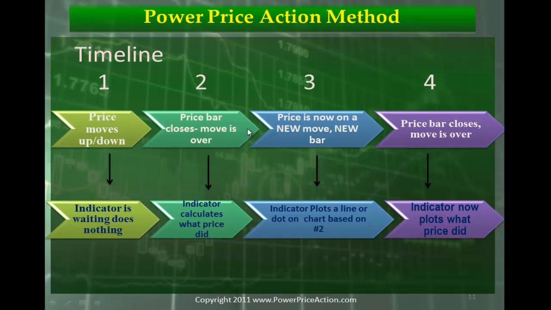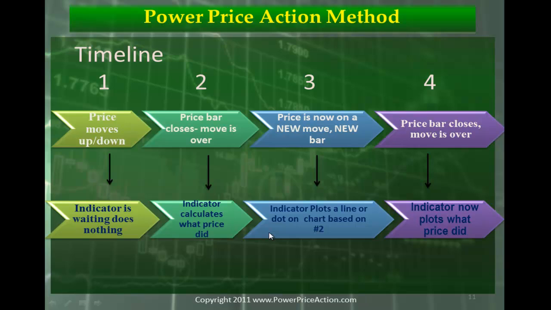And now number three here, price is now in a new move, a new bar. But yet, while it's creating a new move, whether it's continuing up or reversing, your indicator is doing nothing because it's still plotted based on what happened here in number two. Alright?